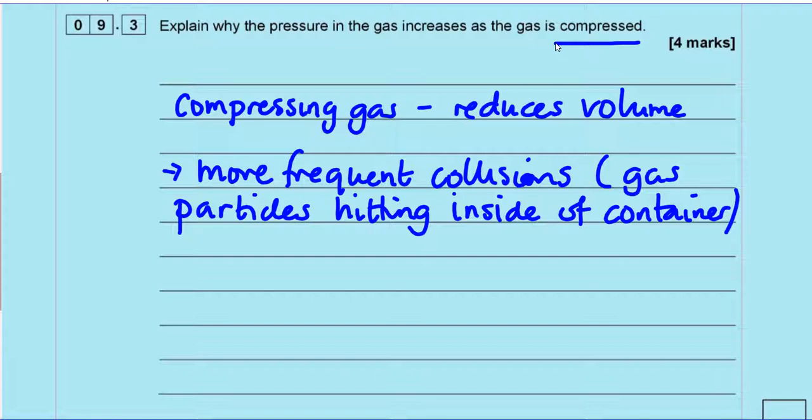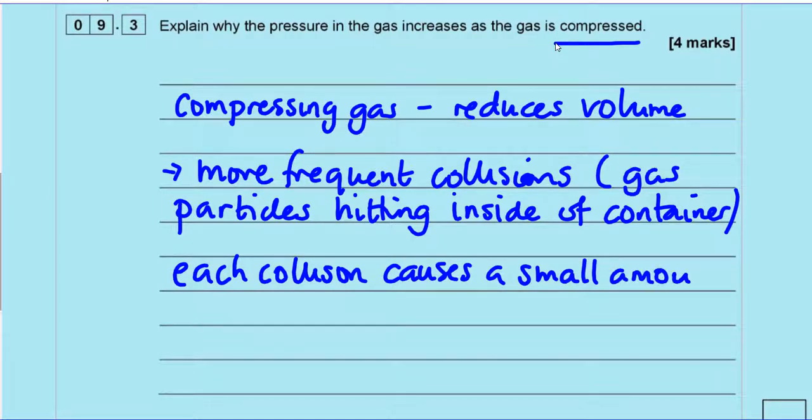Okay, so each time there's a collision, that causes a small amount of force. Okay, so overall there is a greater force because each collision causes a small amount of force.